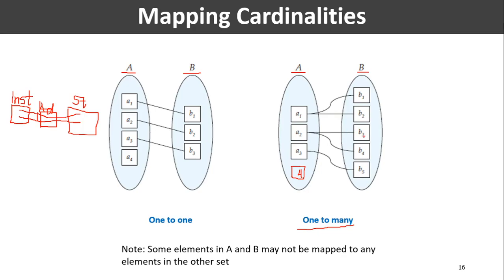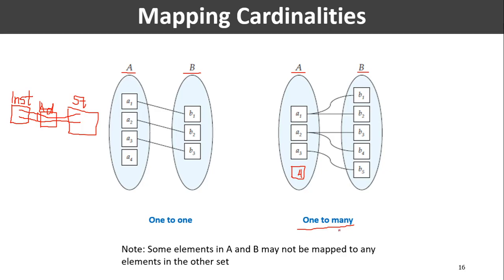B3 is associated with A2. B4 is associated with A2. B5 is associated with A3. So every entity in B is associated with at most one entity in entity set A.